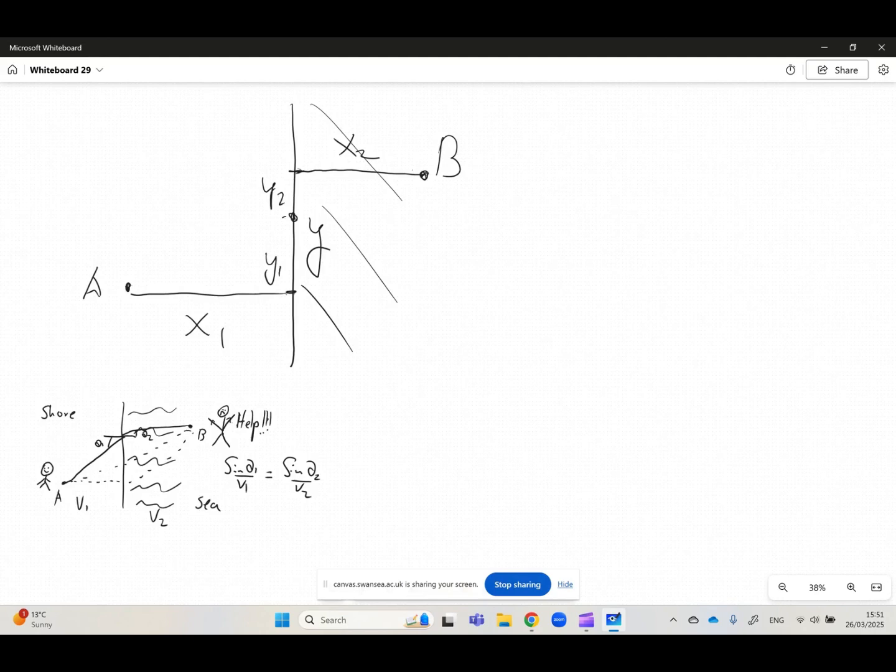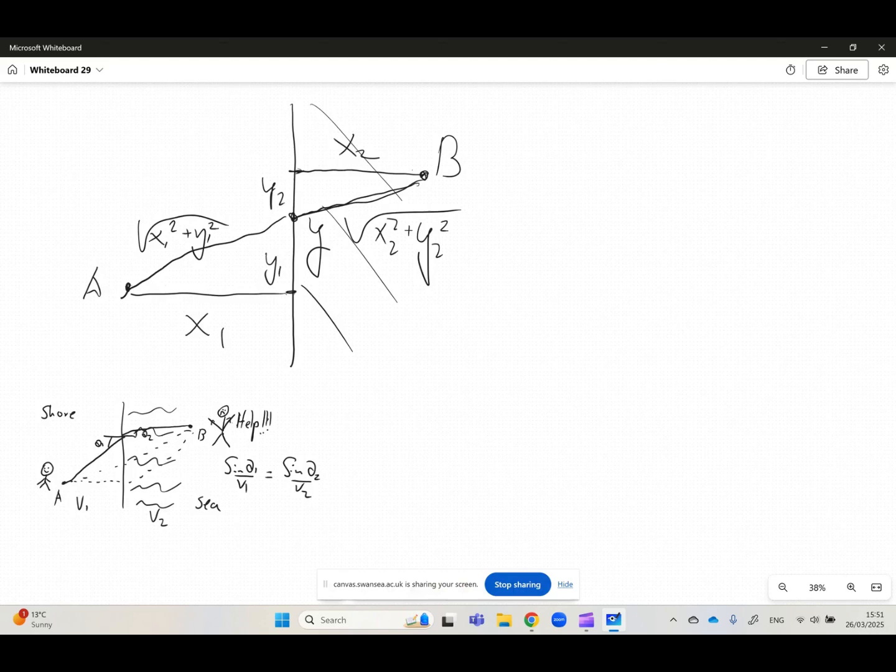So the total time will be, well, this distance is square root of x1 squared plus y1 squared. This distance is square root of x2 squared plus y2 squared.